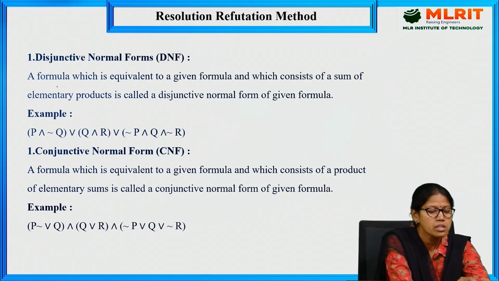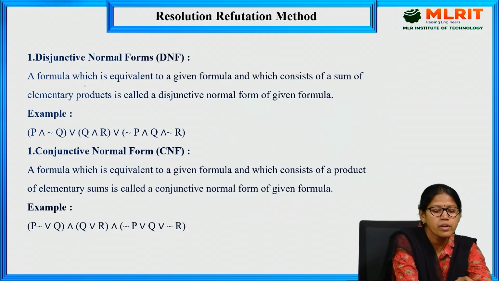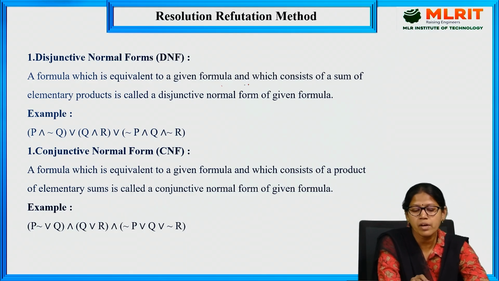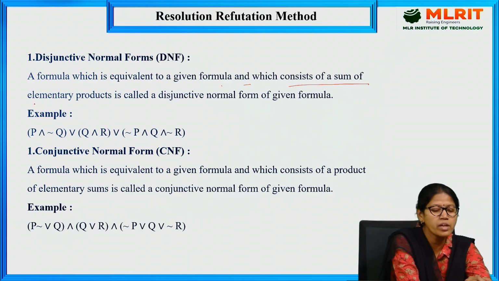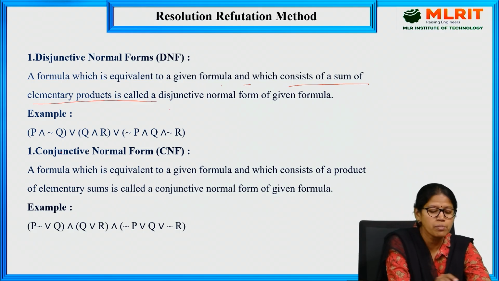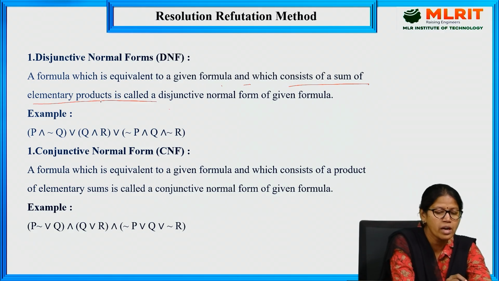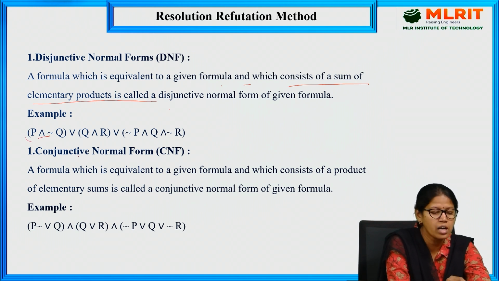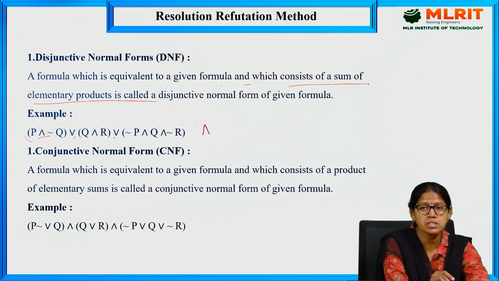Let's see the disjunctive normal form. A formula which is equivalent to a given formula and which consists of a sum of elementary products is called a disjunctive normal form. I already said that in the disjunctive normal form, within the parenthesis is the AND symbol, and outside it is the OR symbol. It can't have the AND symbol outside, otherwise it will not be a disjunctive normal form.